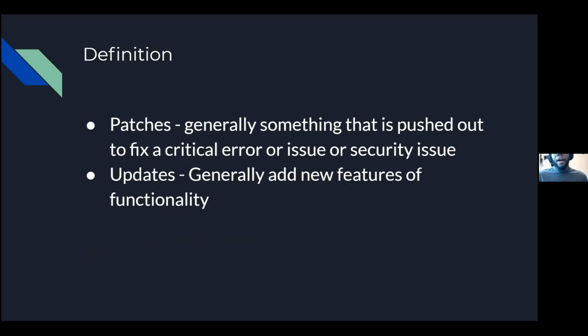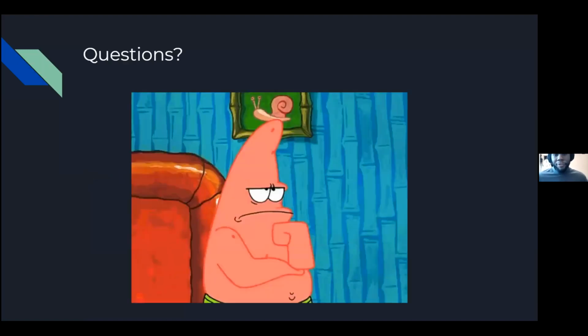So let's say a new hack was discovered that takes advantage of a certain application, and a patch is pushed out quickly to fix or remedy that security vulnerability to protect users. And updates are things that generally add new features and new functionality to one's machine. So any questions?